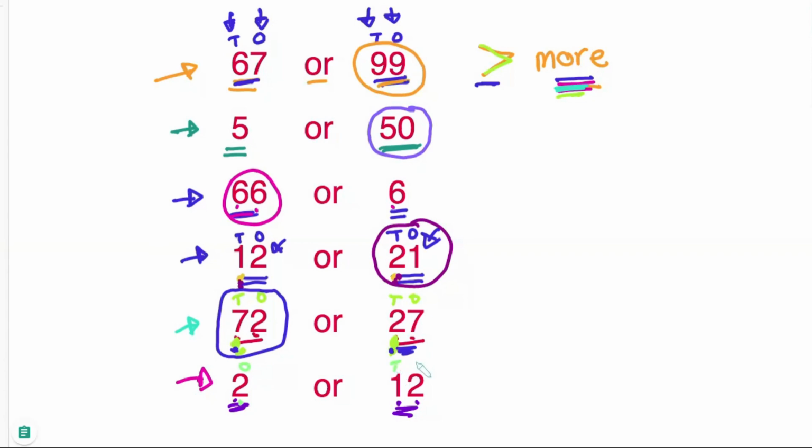T for tens and an O for ones. Which number do you think is the biggest? We only have 2 ones here, but for number 12 we have 1 ten and 2 ones. So number 12 must be bigger than number 2. Number 12 is greater than or more than number 2.